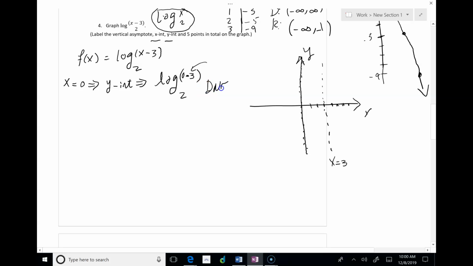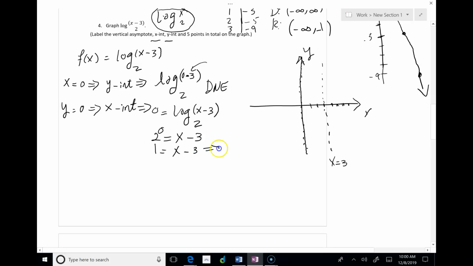So that does not exist. So no y-intercept. You let y equal to 0 to find the x-intercept. So that would be 0 equal to log of x minus 3 base 2. So 2 to the power 0 is equal to x minus 3. That's 1 equal to x minus 3, x is equal to 4.